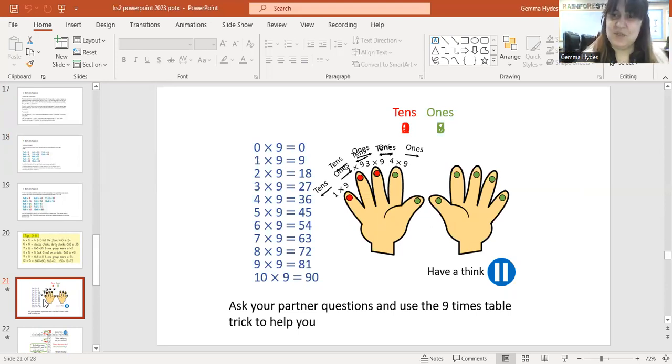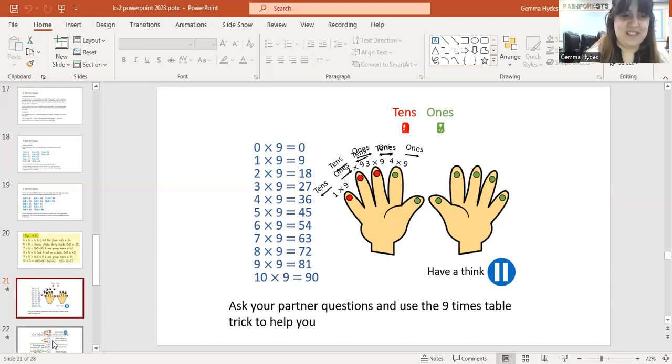And then what you do, if you want to work out 2 times 9, you put your second finger down, and then whatever is to this side of it is going to be a 10. And whatever is to this side is going to be a 1. So 10 add 8 ones is 18. So 2 times 9 is 18. So we do teach the children that little trick as well.